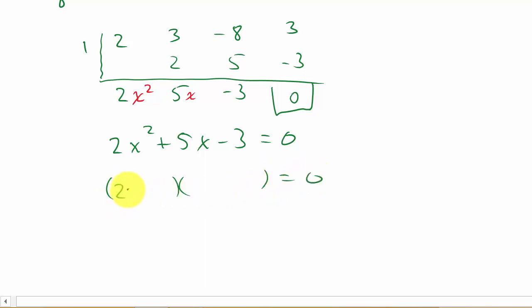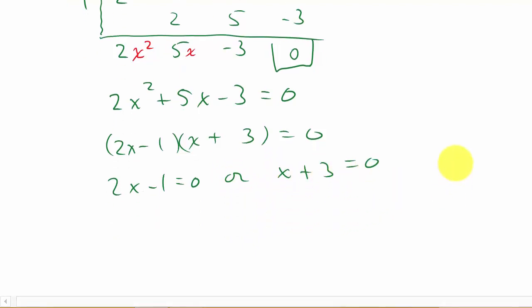That'd be 2x, x, let's see, 3, 1, plus and minus. So 2x minus 1 equals 0, or x plus 3 equals 0. And so we solve that, we get x equals 1/2, or x equals -3.